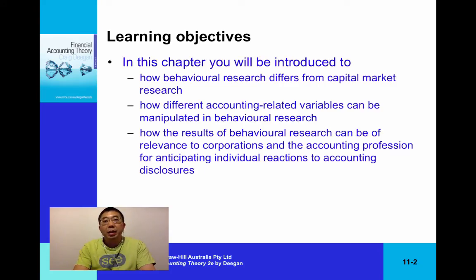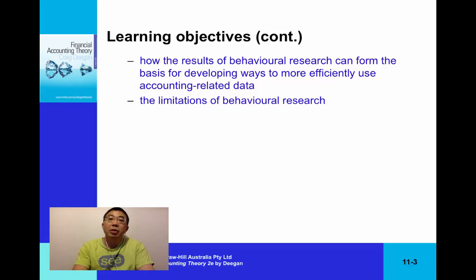These are the learning objectives of behavioral accounting research. I've already talked a little bit about the difference between behavioral accounting research and capital market research, and we will talk a little bit more in the following slides. We also will look at some examples of behavioral accounting research, how it works, and what some of its uses are, and also look at some of the results from some of the more important behavioral accounting research.